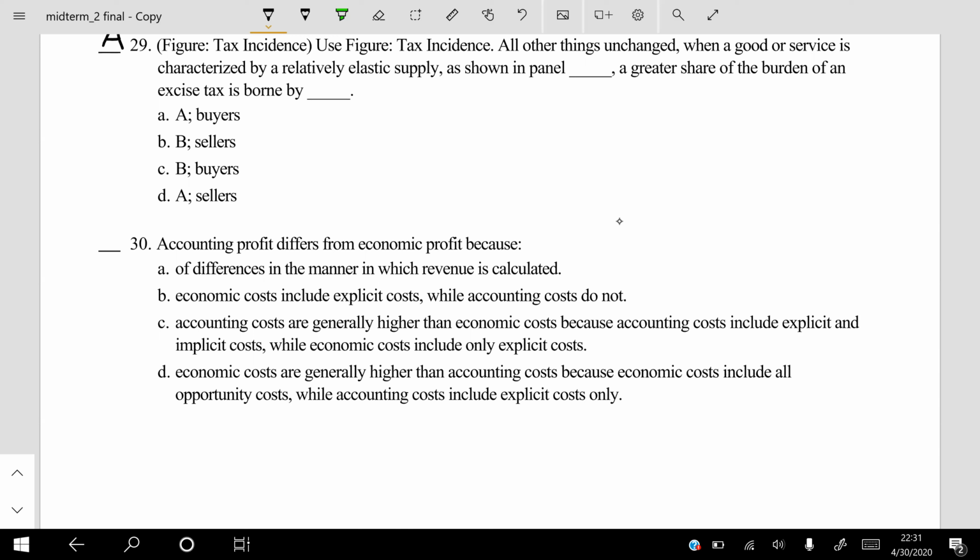Or economic costs are generally higher than accounting costs because economic costs include all opportunity costs, while accounting costs only include explicit cost. Well, remember, economic profit is accounting profit minus opportunity cost. So the answer here is D.